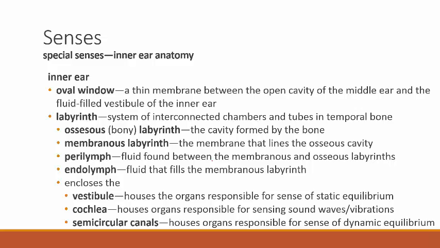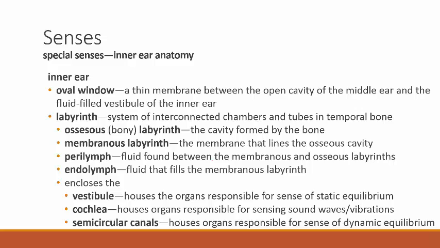The cavity inside the membranous labyrinth is filled with a different fluid that doesn't communicate directly with the perilymph, called the endolymph. So perilymph is between the bone and the membranous labyrinth, and the endolymph fills the interior of the membranous labyrinth. Wow, those are all hard to say when you say them really fast.